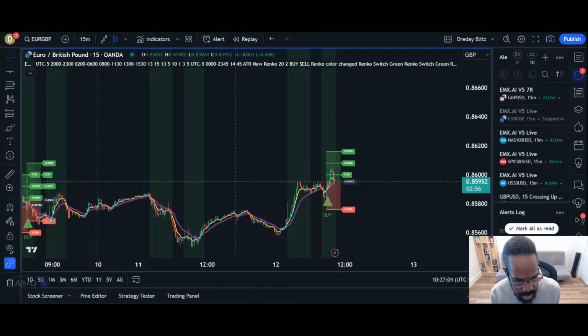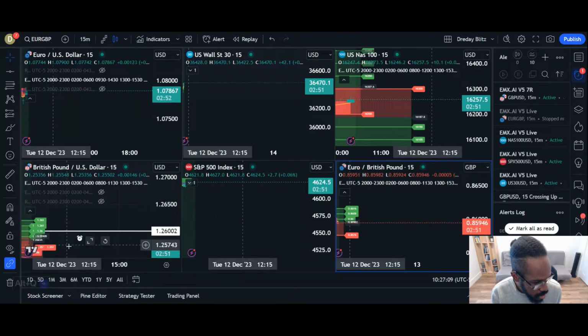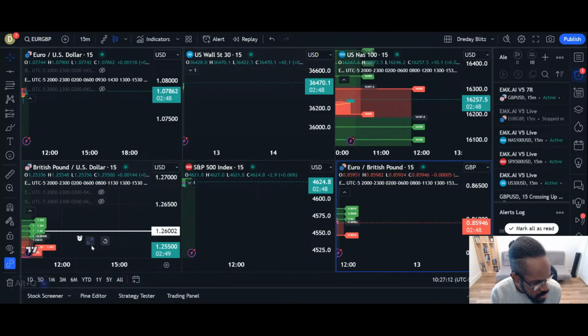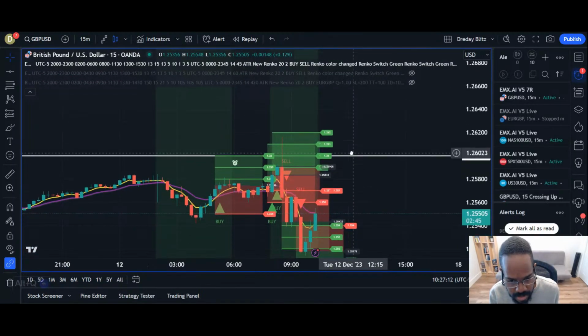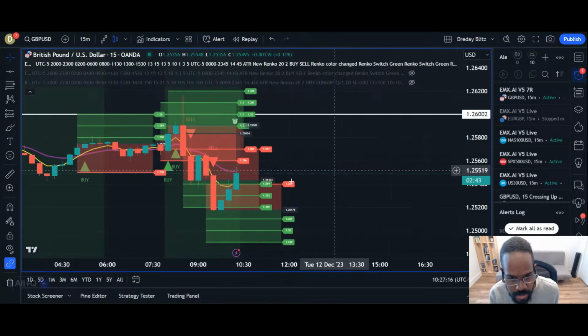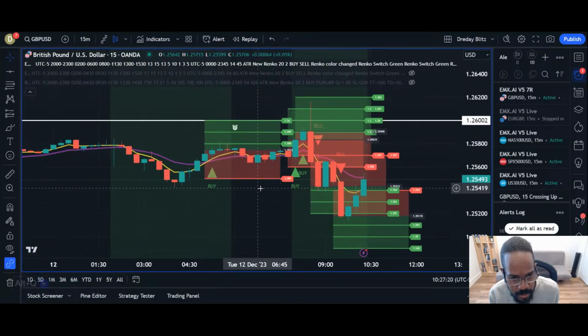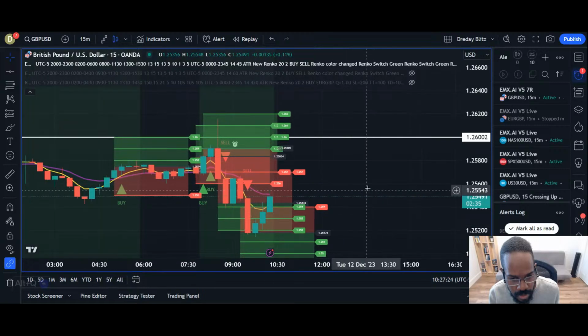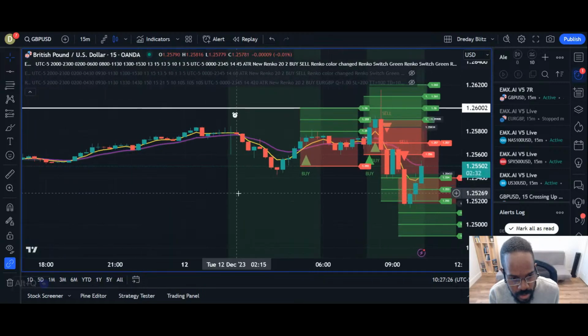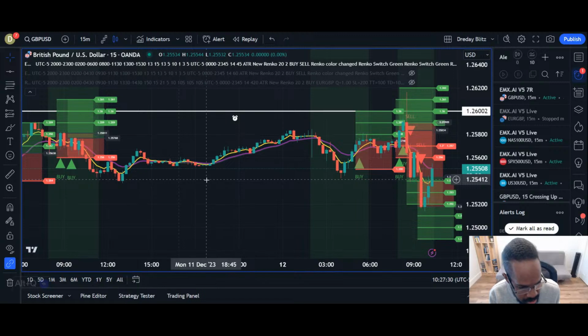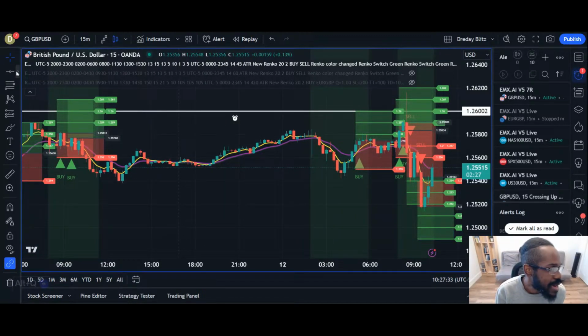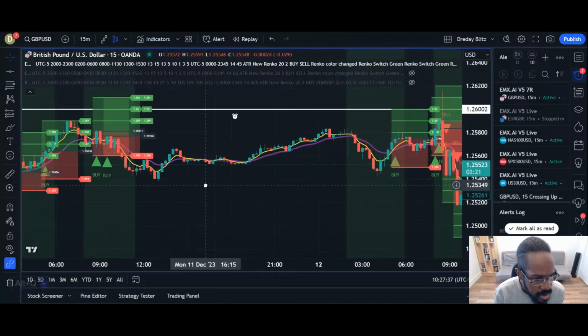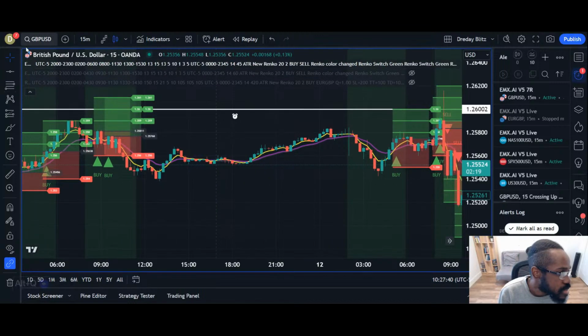And if we look at the British pound and where we're at in the market, I'm going to put a line here on Monday. This is Monday open.